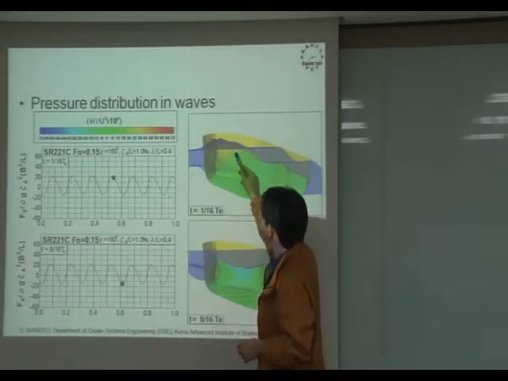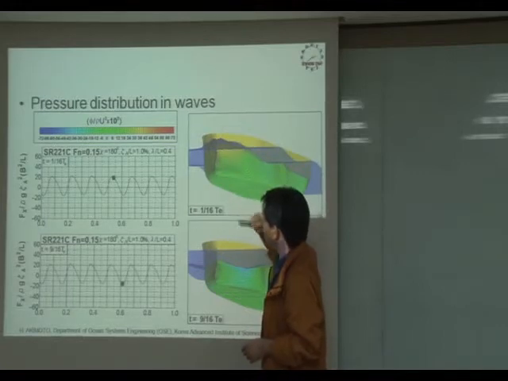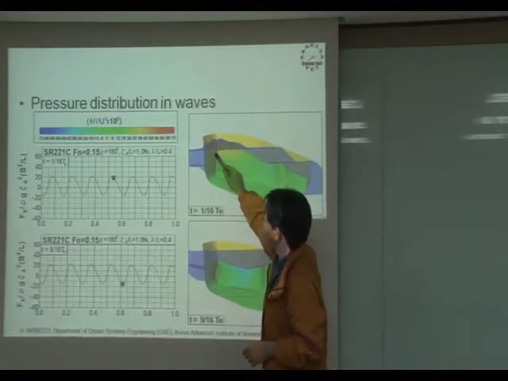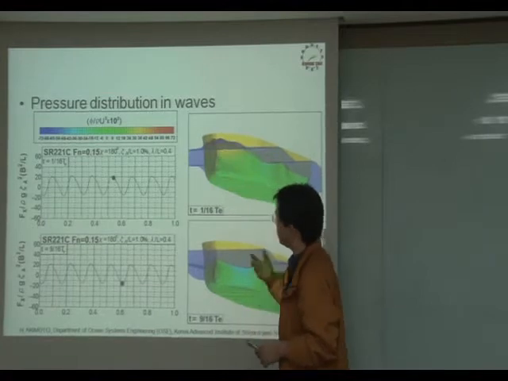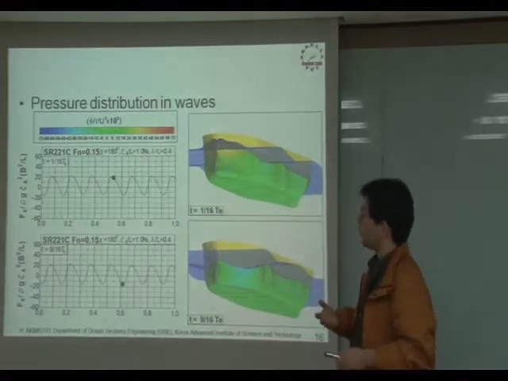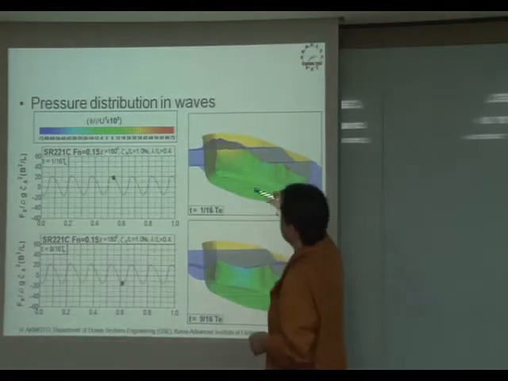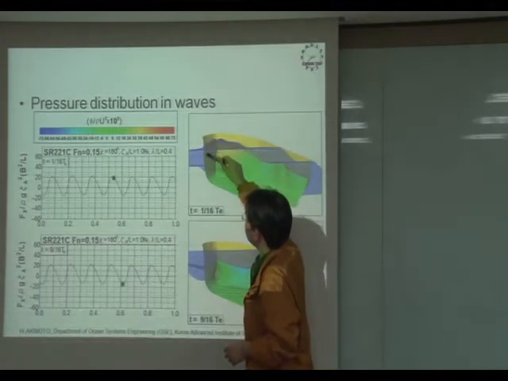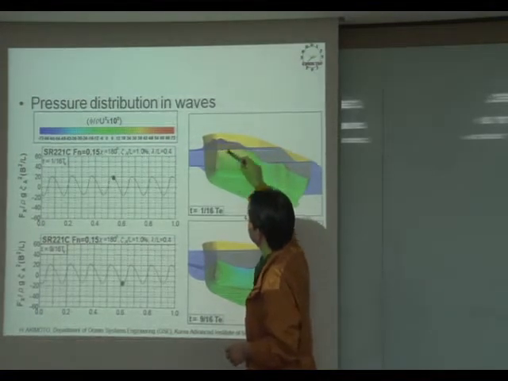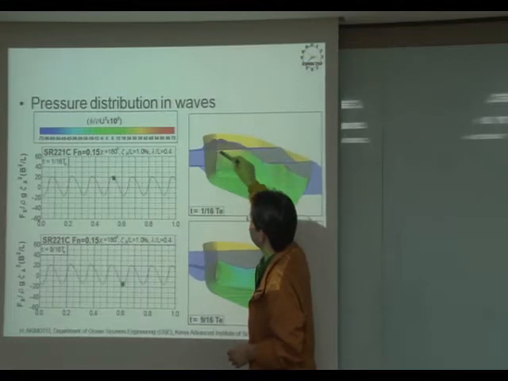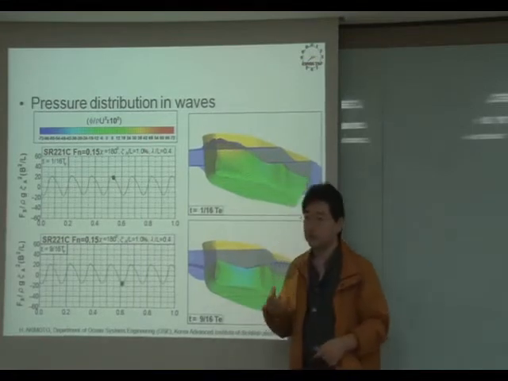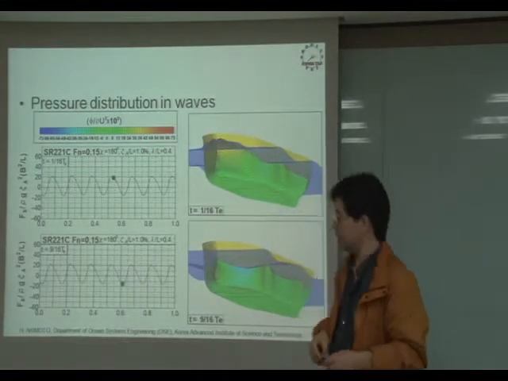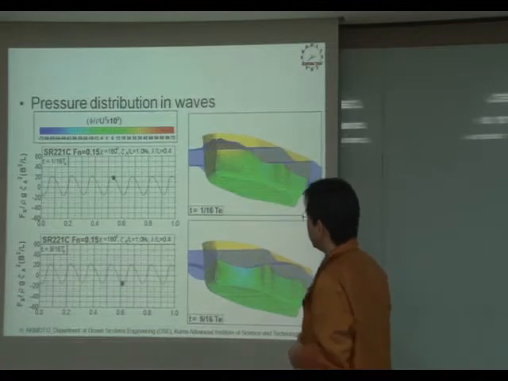Actually, the still water line is around here, but because of the wave elevation, it gets additional wetted surface over this line. So naturally, it will increase the drag of the hull.